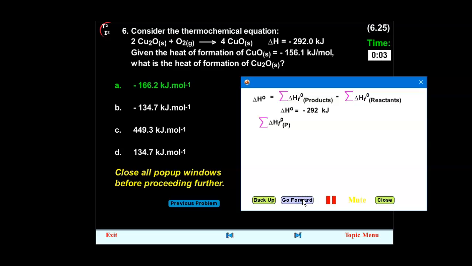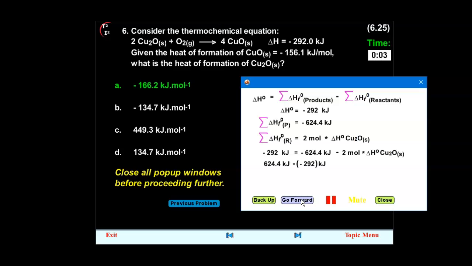The sum of the heats of formation of products equals 4 mole delta H naught cuprous oxide solid plus 0. Standard enthalpy of formation of cuprous oxide solid equals negative 166.2 kilojoules per mole.